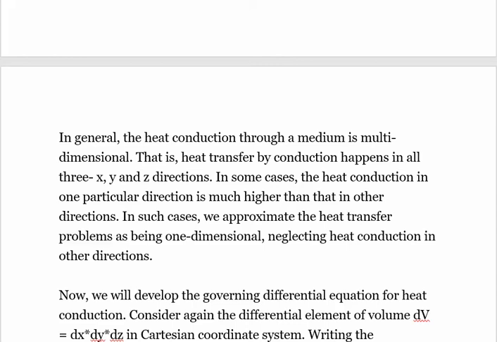In some cases, the heat conduction in one particular direction is much higher than in other directions. In such cases, we approximate the heat transfer problem as being one dimensional, neglecting heat conduction in other directions.